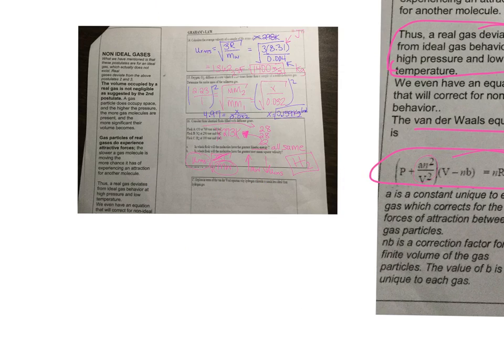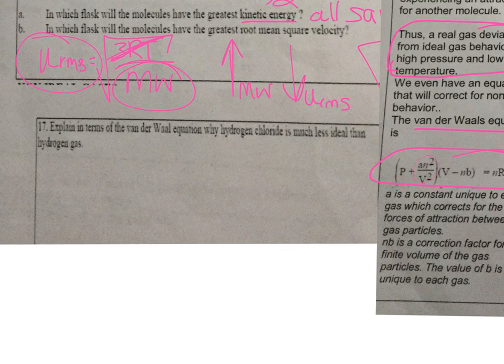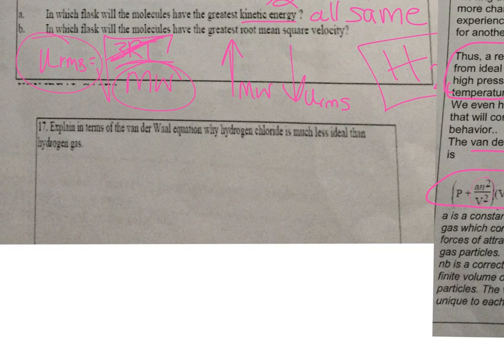So the question that they have for number 17 says, explain in terms of the van der Waals equation why hydrogen chloride is much less ideal than hydrogen gas. Okay, so very quickly, volume, okay, HCl, thinking about those two things, who's bigger, hydrogen gas or HCl?